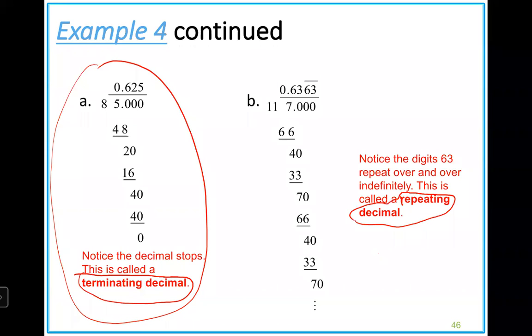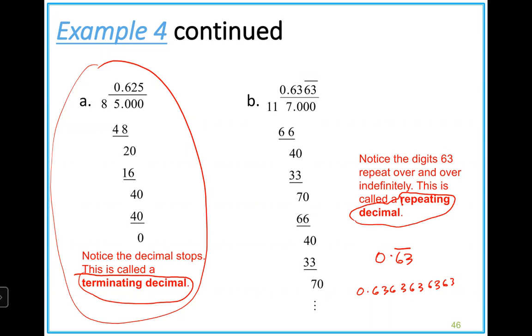So you could have just written 0.63 with the bar, but they wrote it after putting another 2 places. All that means is that it's going to be 0.6363636363 and on and on and on. It repeats infinitely. So that's a repeating decimal. Okay. So sometimes when you convert, it terminates. And sometimes when you convert, it repeats.